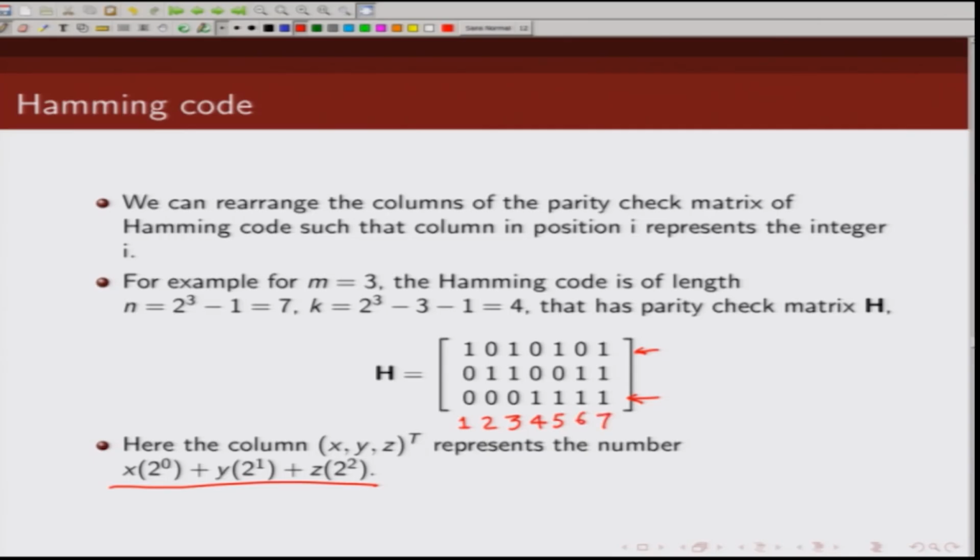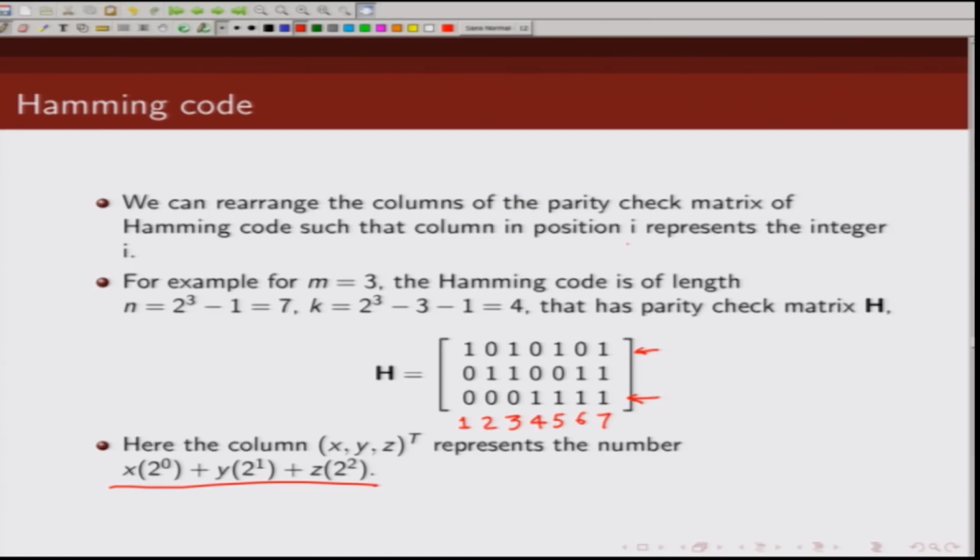So, note what I did was I rearranged the columns of the parity check matrix of Hamming code such that now the column in ith position represents the integer i.